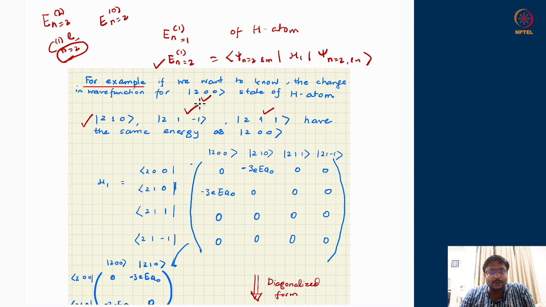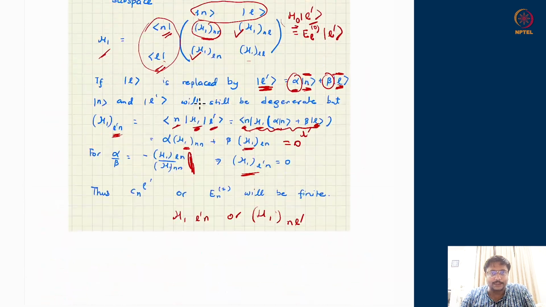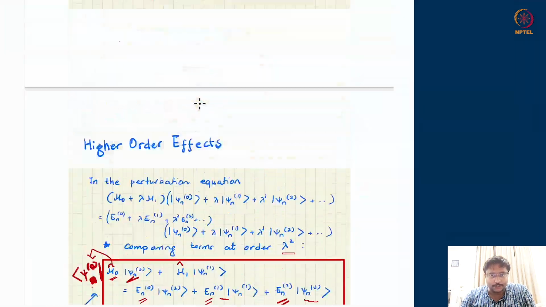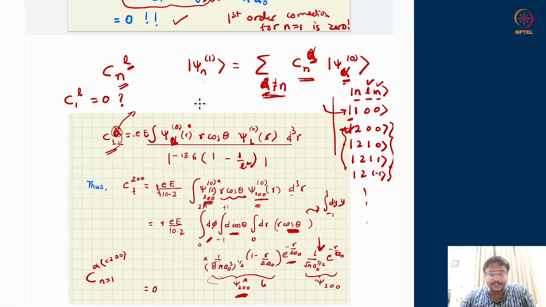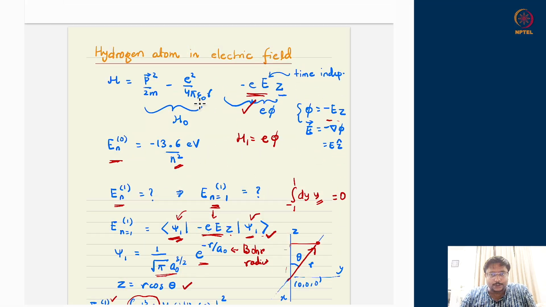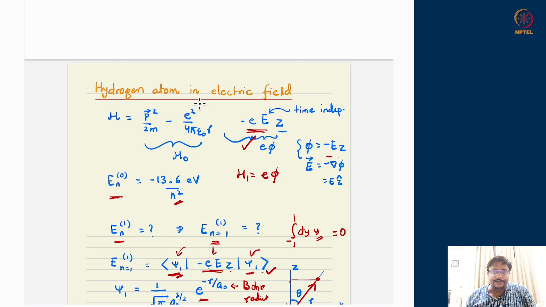So how to find out whether the perturbation theory is stable or not, or if we can do something about it? Again, look back at the same problem which we computed in the previous class. We were considering a hydrogen atom put in an external electric field. The Hamiltonian was E times phi, or compactly written as E times Z with a minus sign. That was my perturbation Hamiltonian.